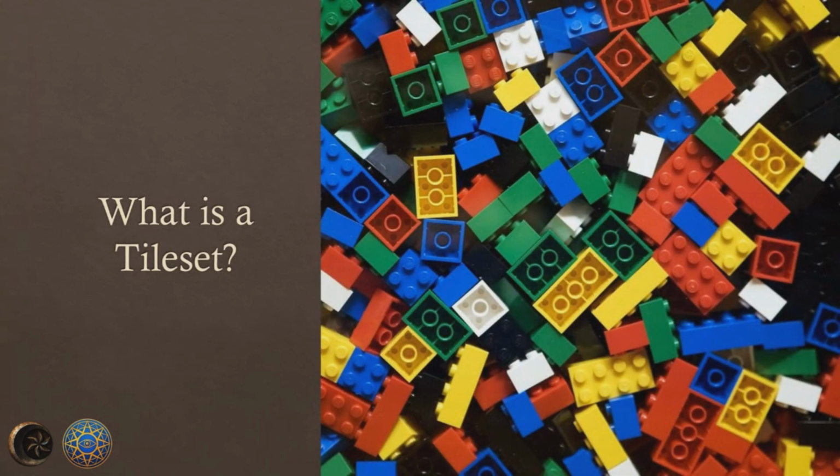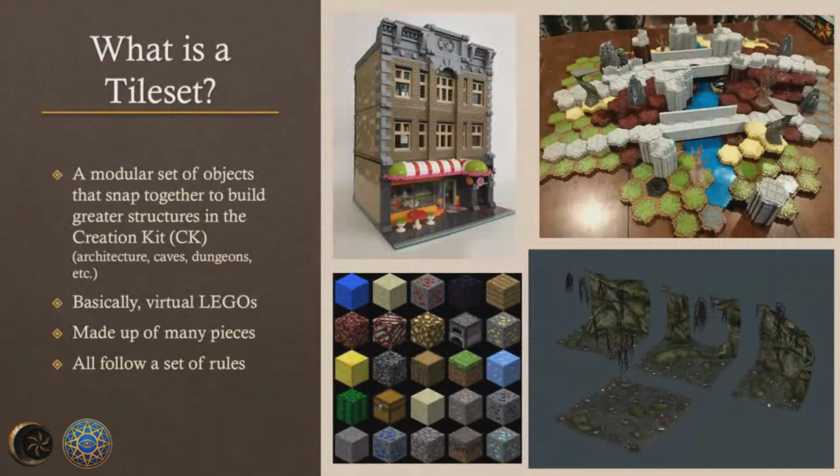So we'll start out with what a tile set is. At its most basic level, it's a modular set of objects that are meant to snap together to build greater structures. In our case, it's in the Creation Kit. In the most basic cases I could find, Legos.